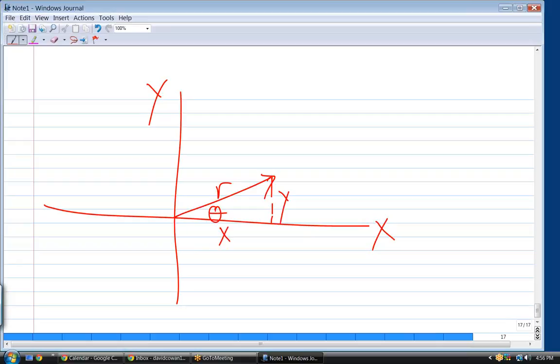How do x and y and r and theta relate? With sine and cosine. Well, cosine of theta would be what? X over r. Which makes x equal to r cosine of theta. By the same rationale, y is equal to r sine theta.